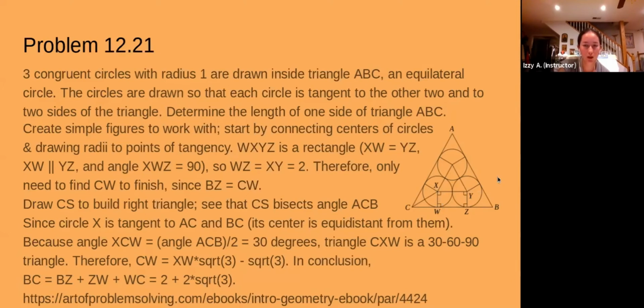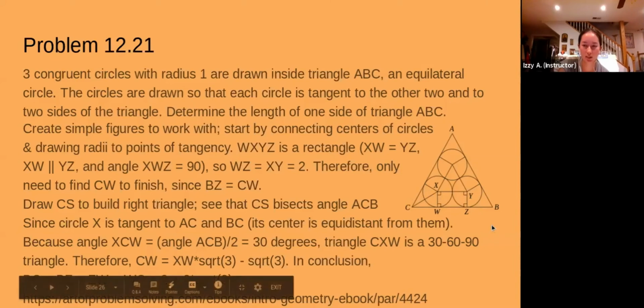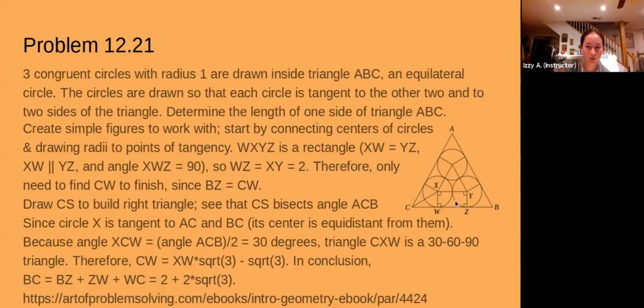This is going to be a rectangle because XW would be equal to YZ, XW is parallel to YZ, and angle XYZ is equal to 90 degrees. So then WZ is going to be equal to XY, which is going to be equal to 2. Therefore, we only need to find CW to finish because we know that BZ is equal to CW.